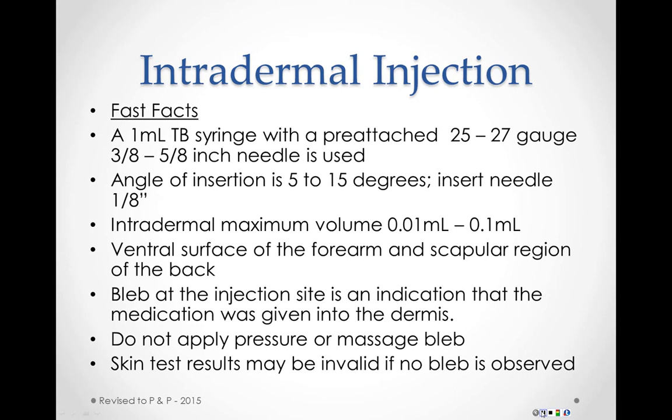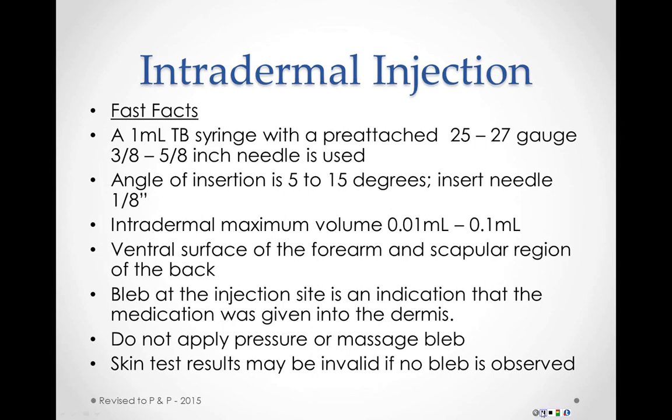You will actually see the needle tip through the skin. The maximum volume the dermis can tolerate is very small, up to 1/10 of a milliliter. Intradermal sites include the ventral surface of the forearm and the scapular region of the back.